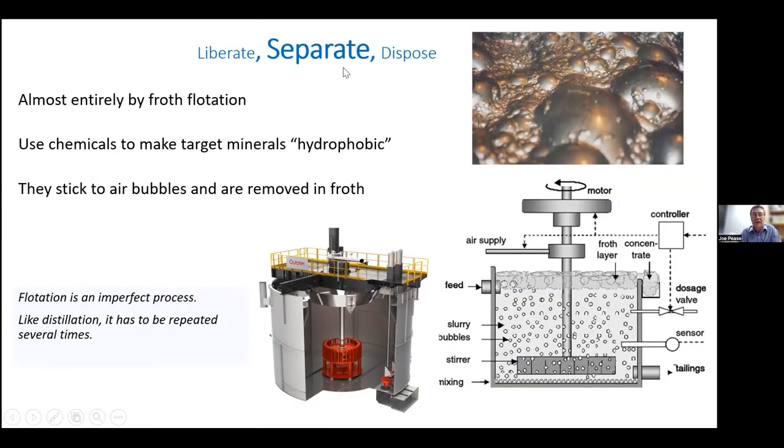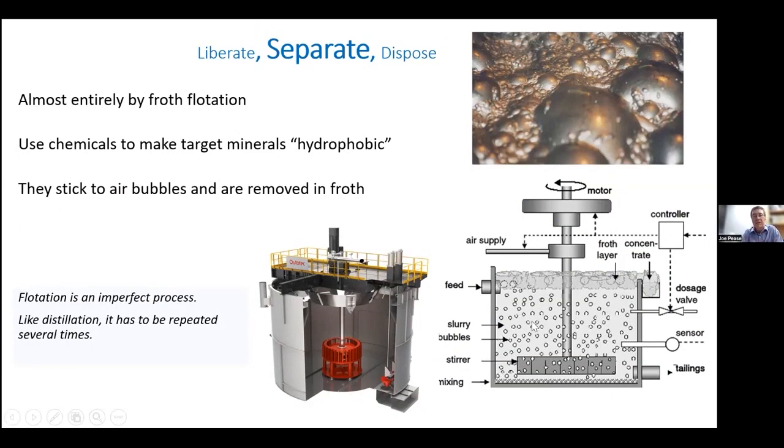Now, almost exclusively in copper, that's done by froth flotation. In flotation, the principle is to use chemicals. It uses chemicals, but it's important to restate there's no chemical changes to the minerals, but we're using chemicals to make the surfaces of the target minerals hydrophobic. That means they'll stick to air bubbles.